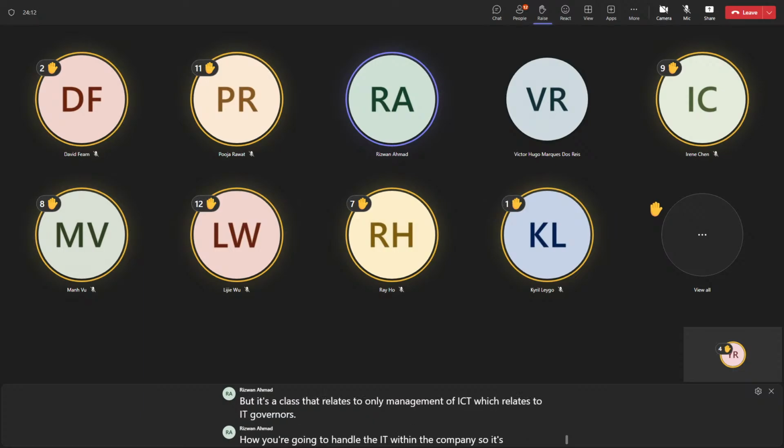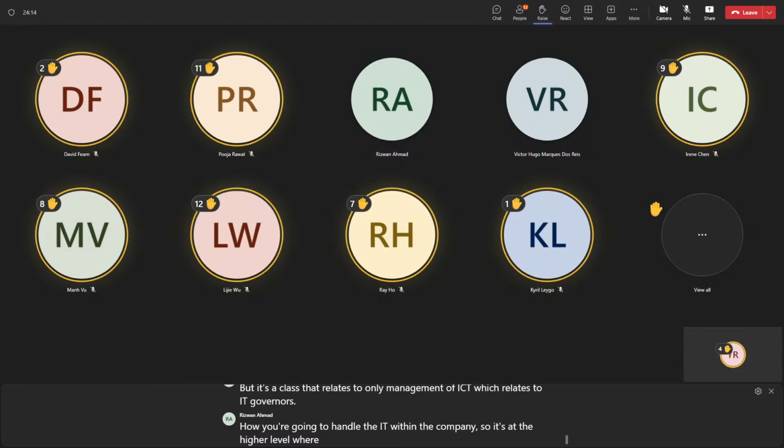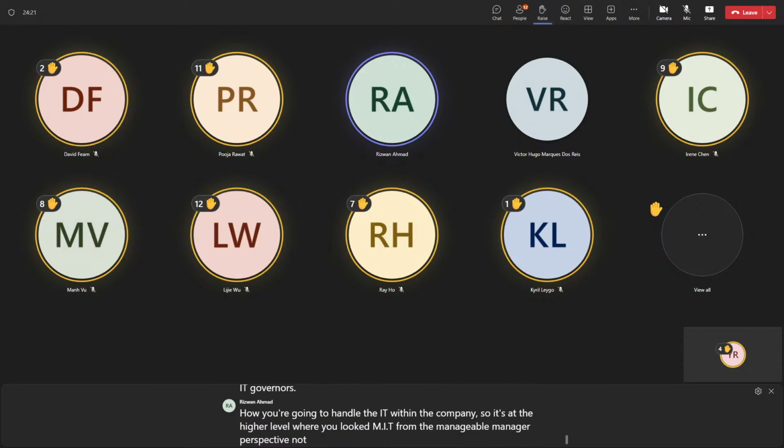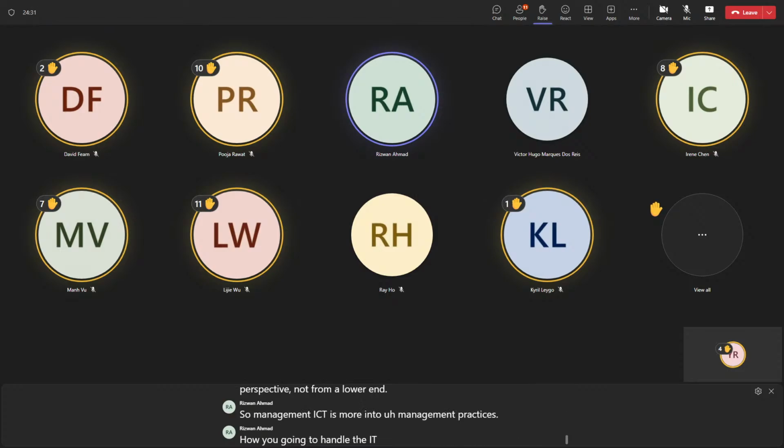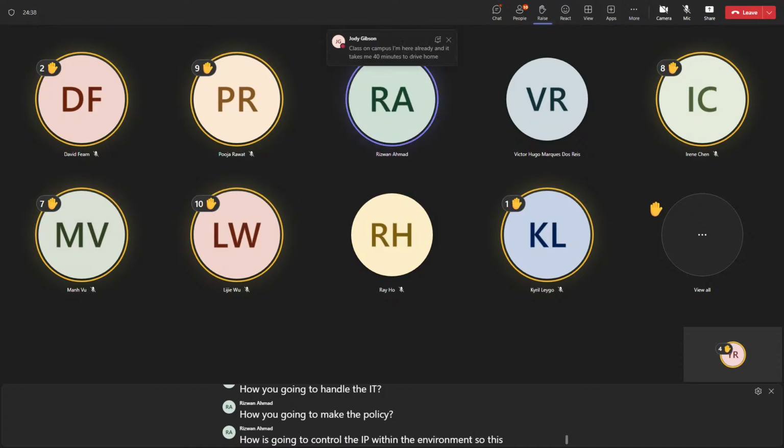It's at the higher level where you look at IT from the manager's perspective, not from a lower end. So management of ICT is more into management practices: how you're going to handle the IT, how you're going to make the policy, how you're going to control the IT within your environment. So this is how it actually works.